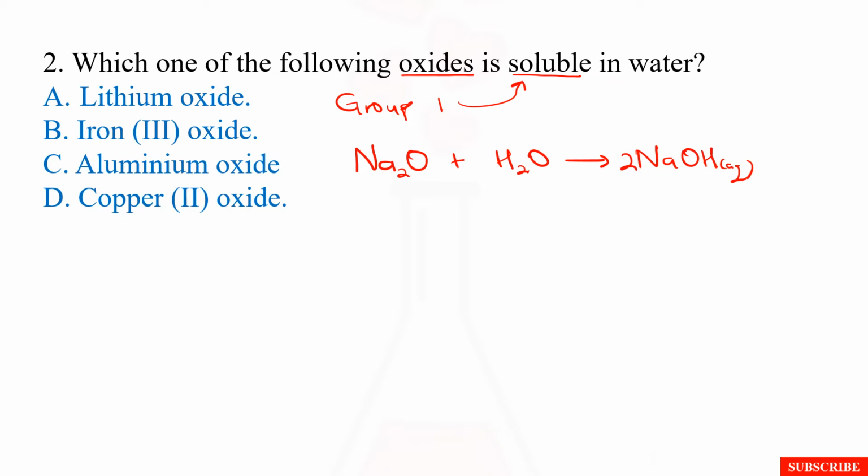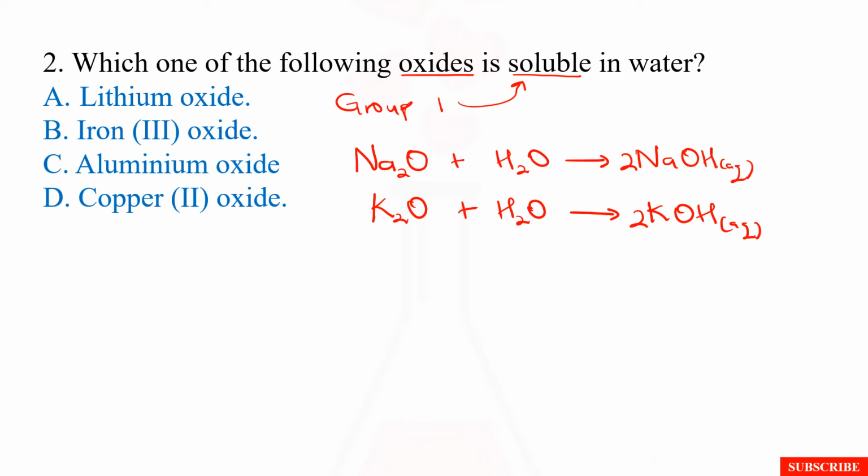Lithium oxide in water will form lithium hydroxide solution. Potassium oxide in water will form potassium hydroxide solution. We shall see some other oxides which can dissolve in water to form these hydroxides. So basically we shall have group 1 oxides being soluble for simplicity.